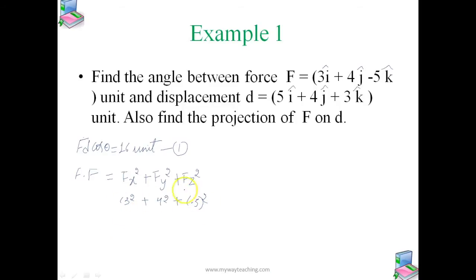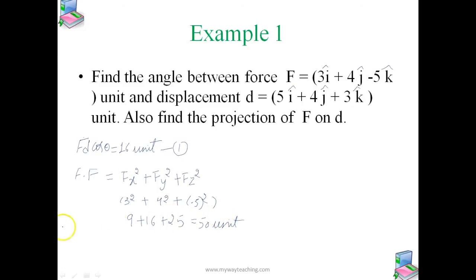So it will yield 3 square is 9, 4 square is 16, and 5 square is 25. So we get 50 units. That is the value of F dot F.